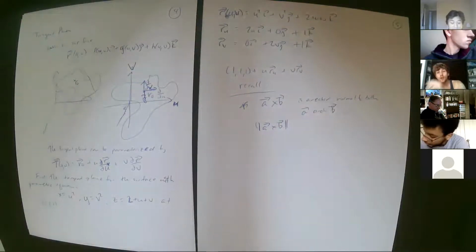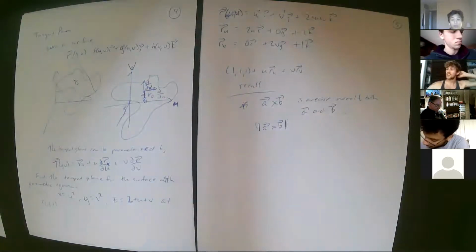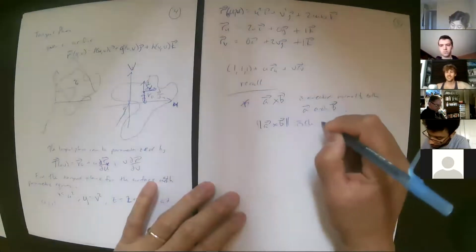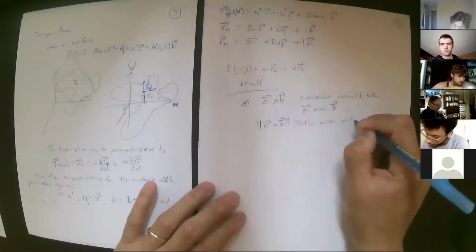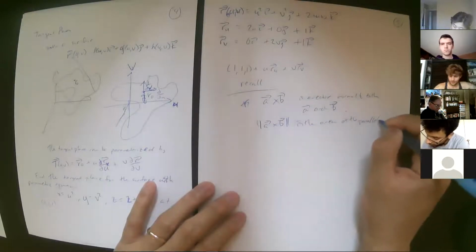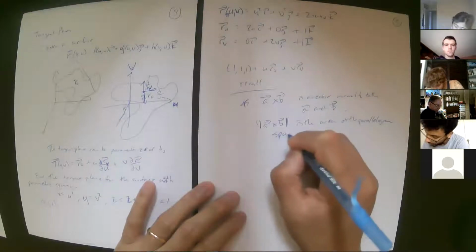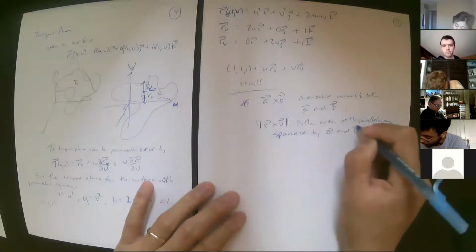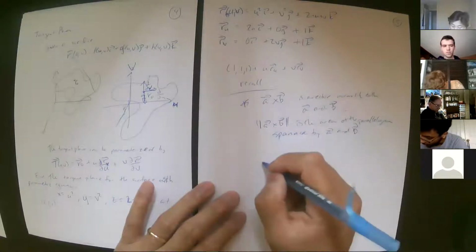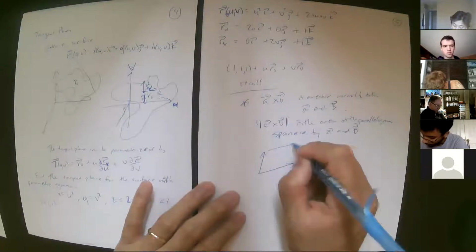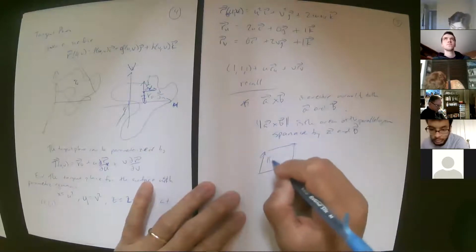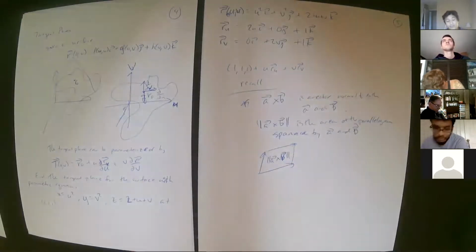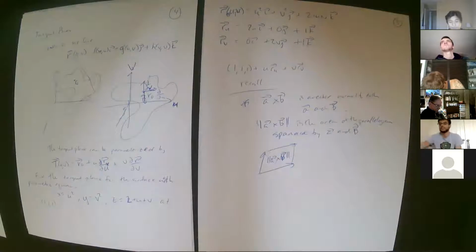Remember, the length of the cross product is the area of the parallelogram spanned by A and B. So what does that mean? If I've got A, it looks like this, and B looks like this, the area is the length of A cross B.